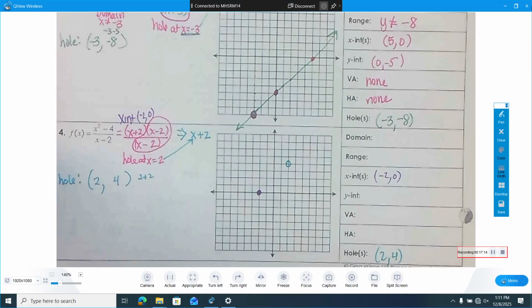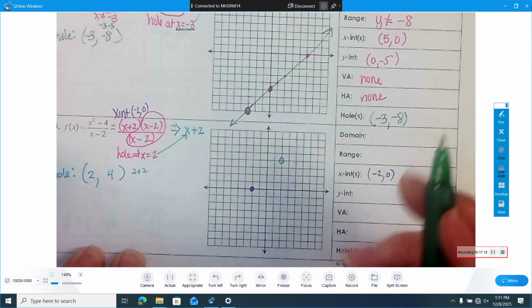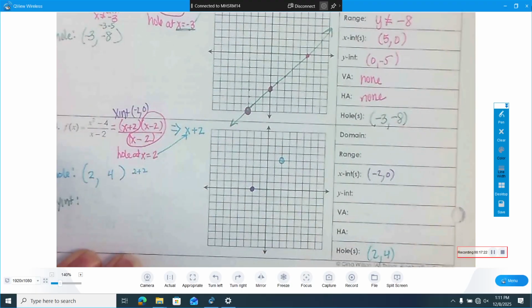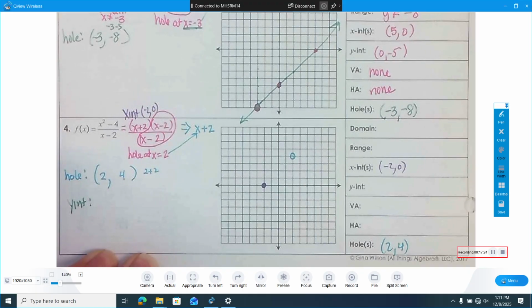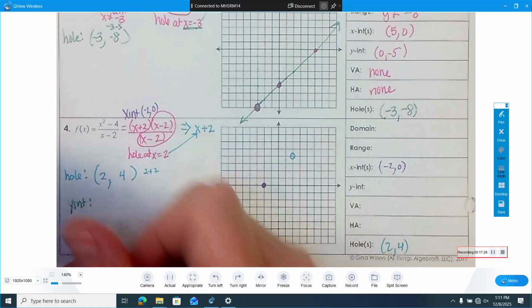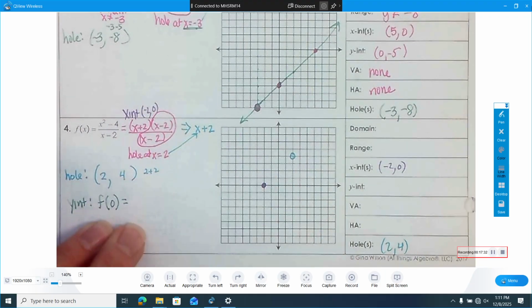Let's see. Other stuff. How do you find a y-intercept? We could just graph it. This is easy to graph. We can always get a y-intercept by simply taking our function and plugging in a 0 for the x, which you can do in lots of different places.